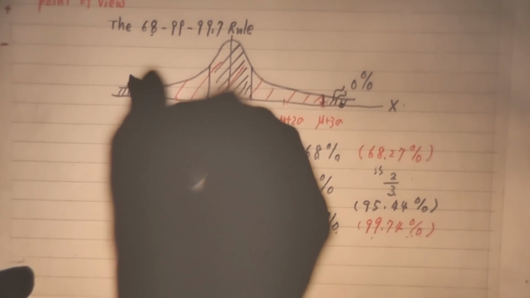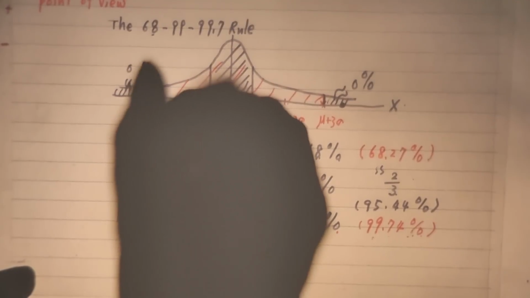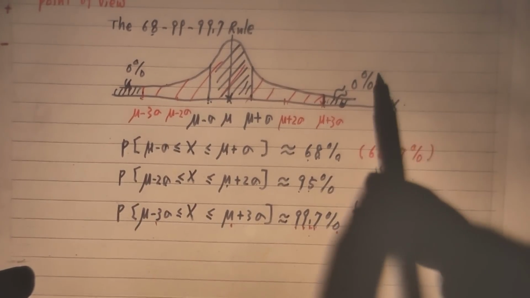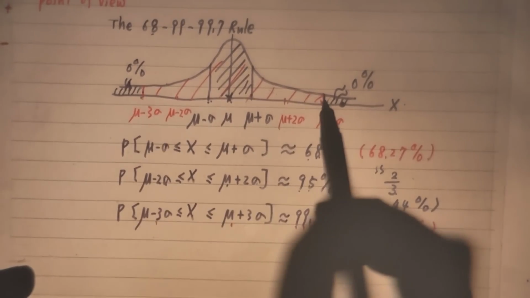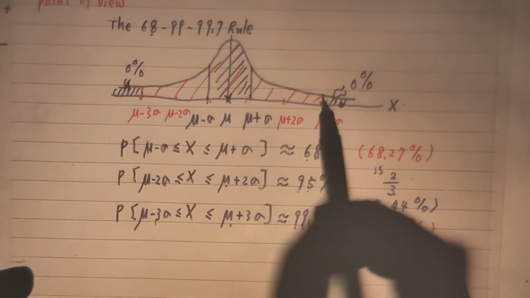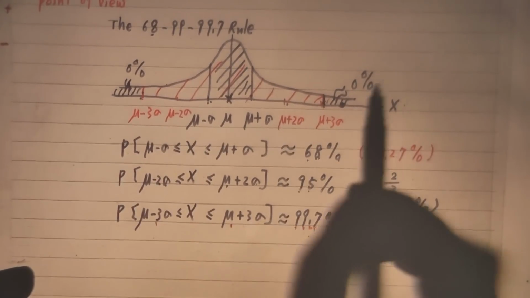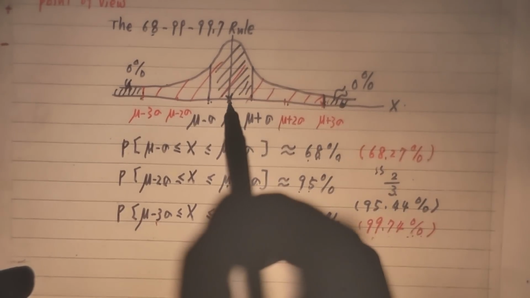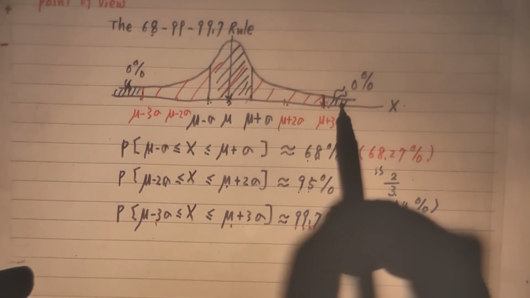Same thing for this side. The area is nearly 0%. So if a data set really follows a normal distribution, you expect to see nearly 100% of observations located within 3 sigma around the center. Any observation that deviates from the center by more than 3 sigma in a normal distribution is unlikely.